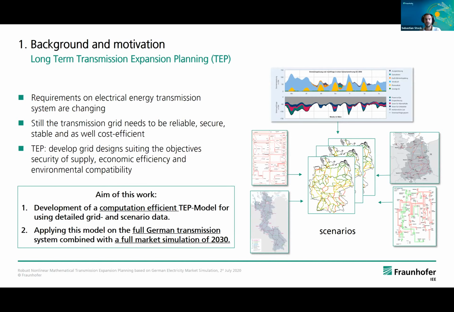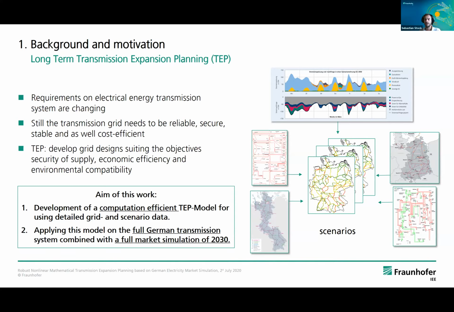So the transmission expansion planning looks for developing a grid design suiting the objectives security of supply, economic efficiency, and environmental compatibility. So the aim of this work now is the development of a computation efficient transmission expansion model using detailed grid and scenario data, and then applying this model on the full German transmission system combined with a full market simulation of 2030.